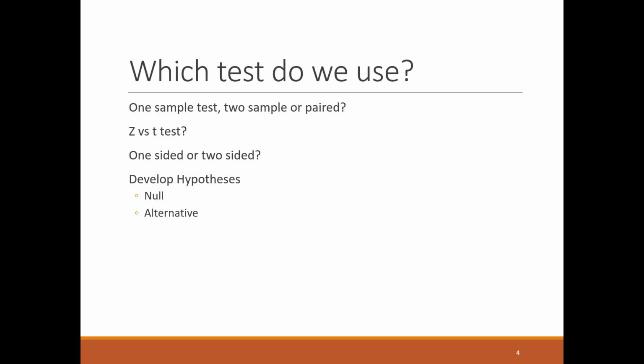And then I would like you to develop the hypotheses, the null and alternative hypotheses. So please go ahead, rewind the video to the previous slide, and answer these questions. One sample, two sample, or paired, Z or T, one-sided or two-sided, and develop the hypotheses, the null and the alternative. Once you've done that, please continue on with the video.